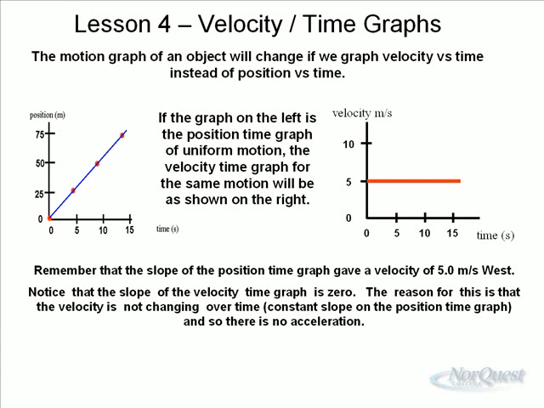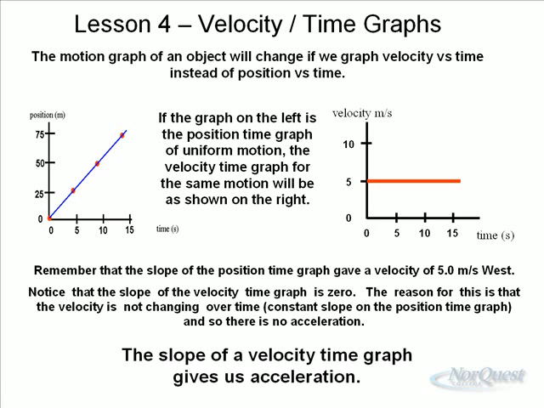Now, notice here on the right hand side that the slope of a velocity time graph is 0. This is an important revelation, if you like. The reason for this is that the velocity is not changing over time. It's a constant slope on the position time graph, and so there is no acceleration. It turns out that the slope of this velocity time graph actually gives you the acceleration.